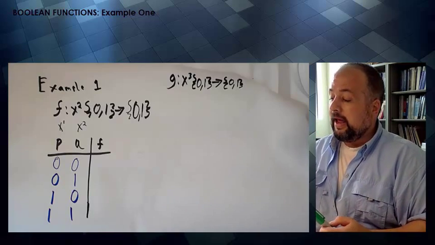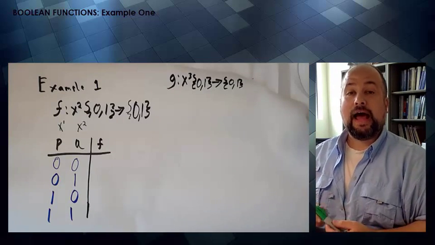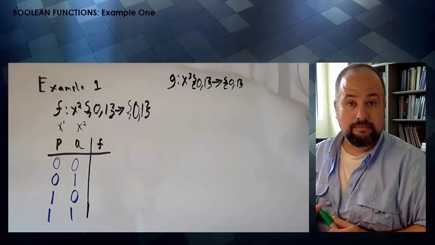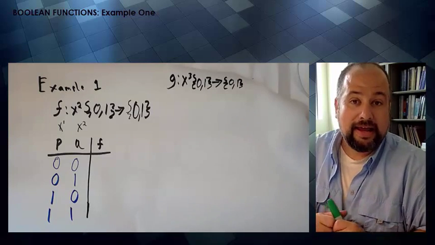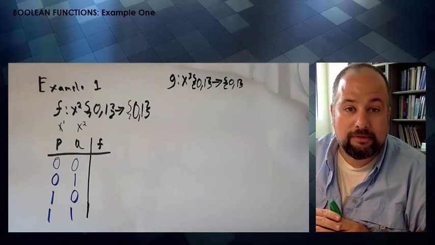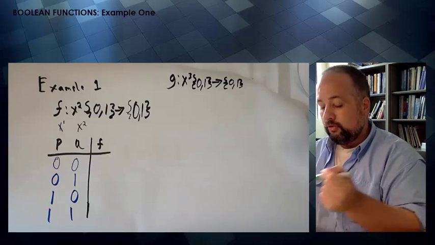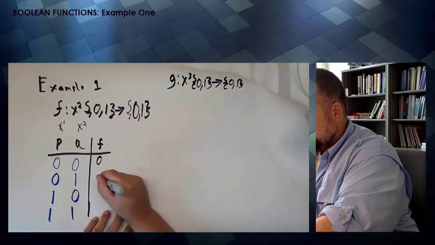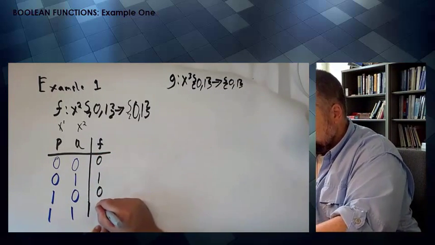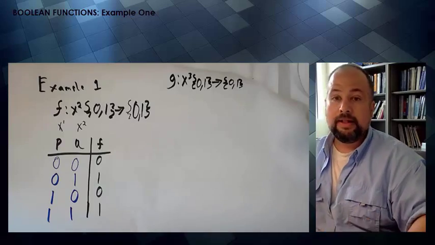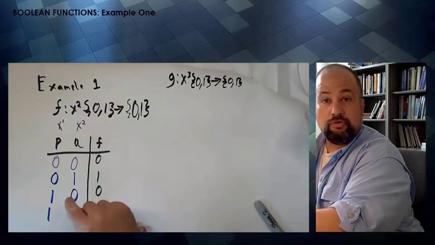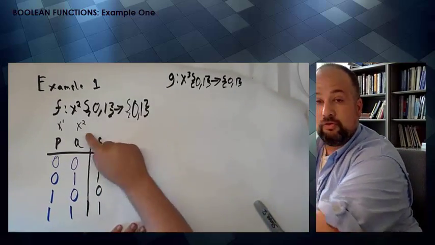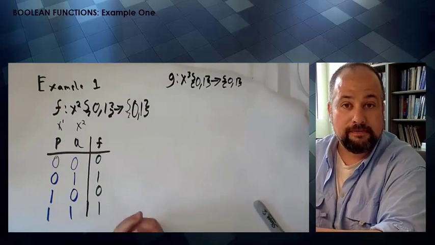And then what is the output going to be? What is our f? Again, it's whatever we define it to be. So according to the book, it is 0, 1, 0, 1. All right. This is our truth table, which shows all the possibilities for this function.